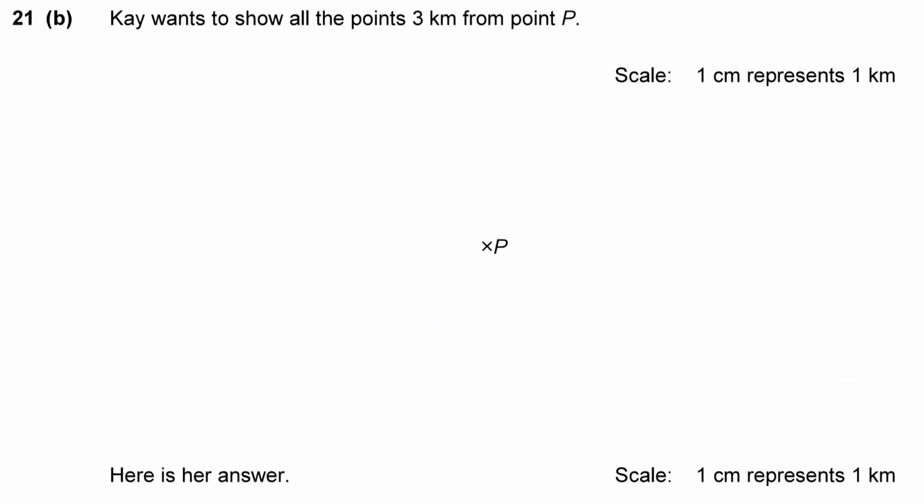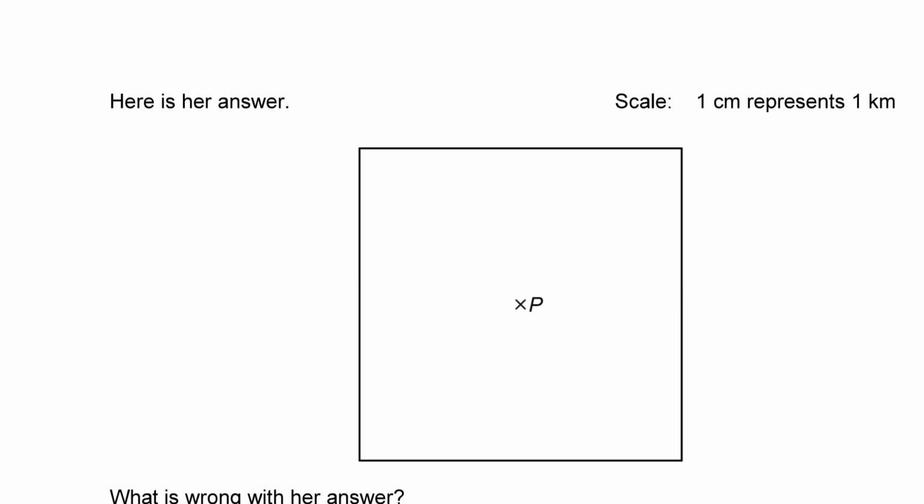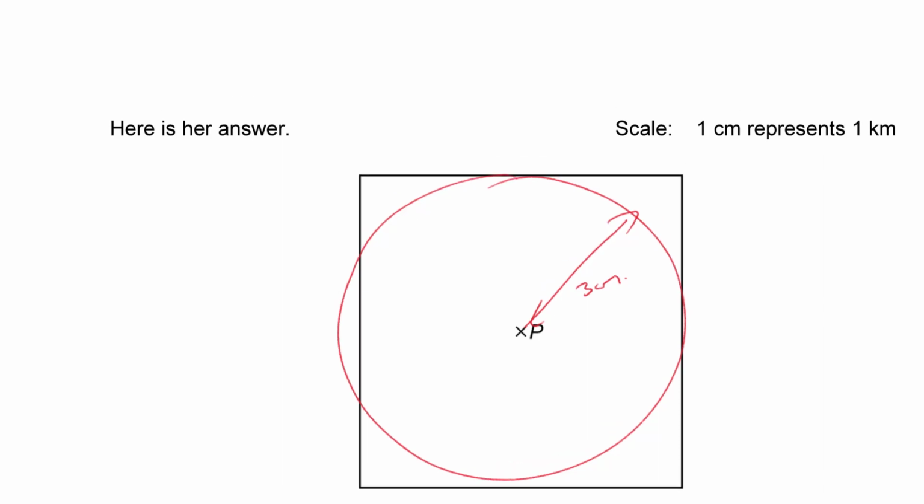21b, K wants to show all the points 3 kilometres from the point P, where 1 centimetre represents 1 kilometre. Here is her answer. Now she's drawn a square around P, and what's wrong with that answer? Well, what she needed to do was not draw a square, was it? She should have drawn a circle with radius 3 centimetres, and then all those points on that line would have been the locus she was looking for.